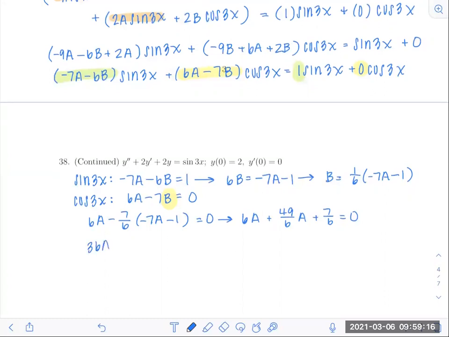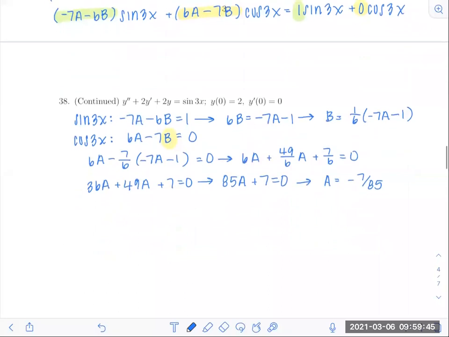So 36a plus 49a plus 7 equals 0. So if I combine 49 and 36, that gives me 85a plus 7 equals 0. And so finally I can solve for a. A equals negative 7/85. It's a super gross number, but that's okay.